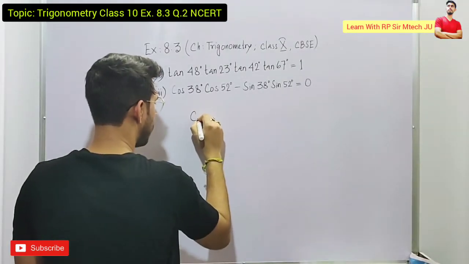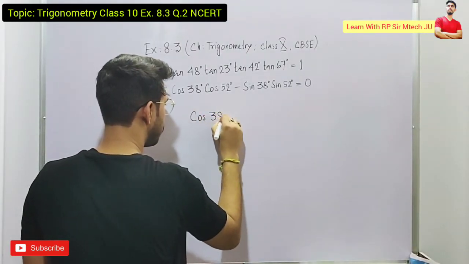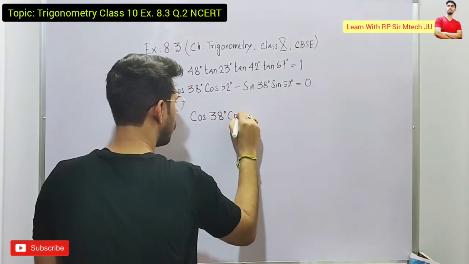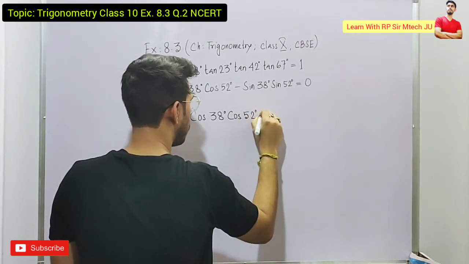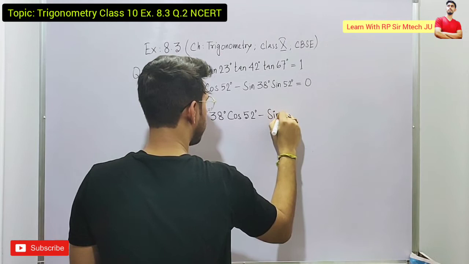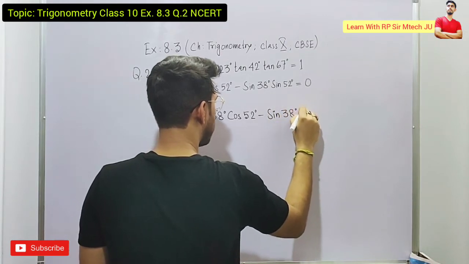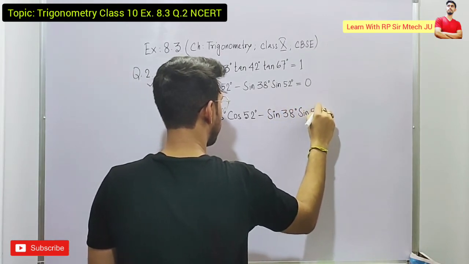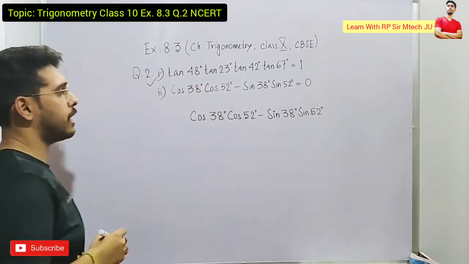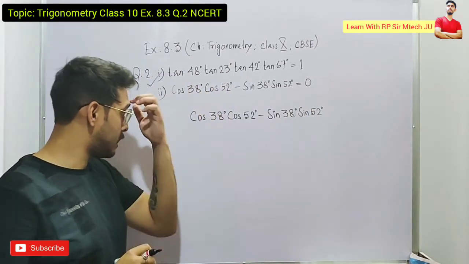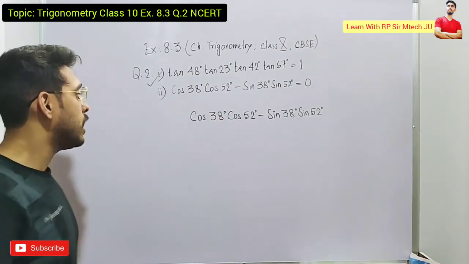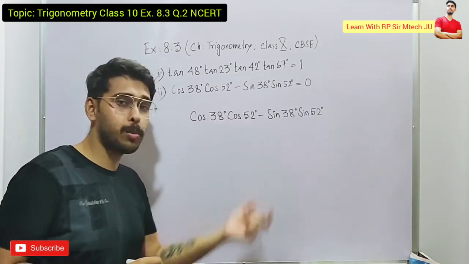So this is cos 38 cos 52 minus sin 38 sin 52. Now this 38 plus 52 makes 90.